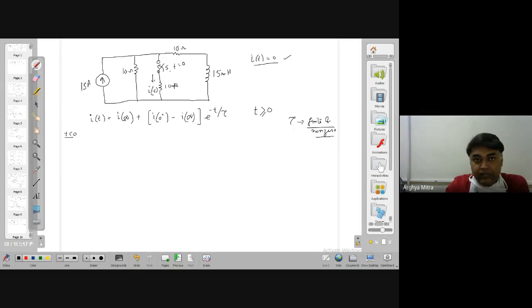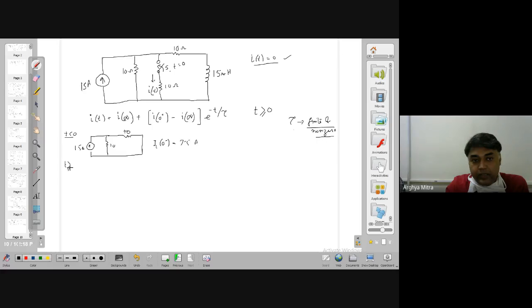So I am left with 15 ampere flowing through two parts of the network, one branch with 10 ohm and the other branch with 10 ohm again. So my I_L of 0 minus, the current flowing through this, is 15 divided into two parts, so it is 7.5 ampere.